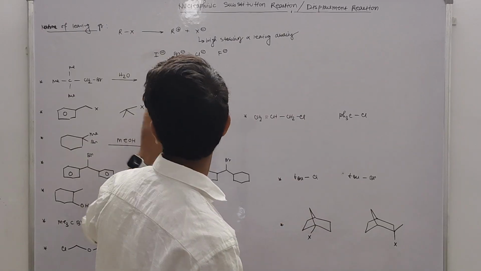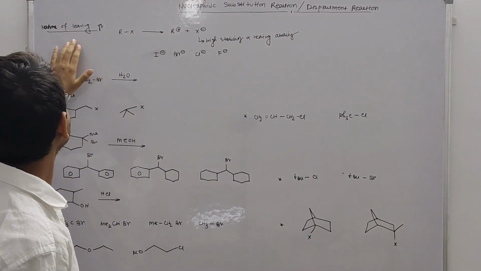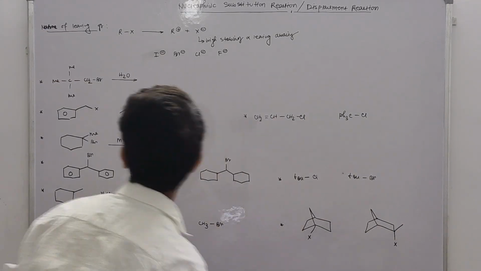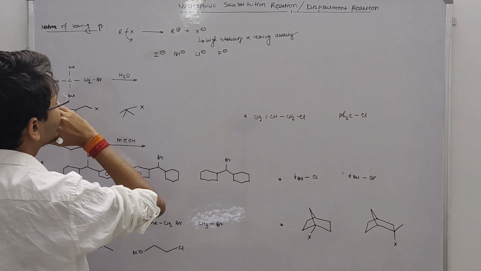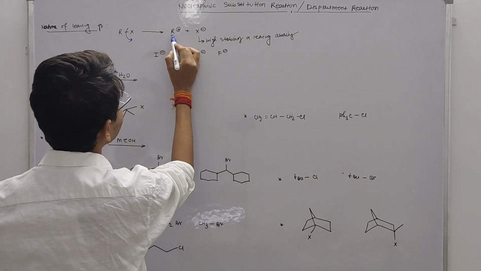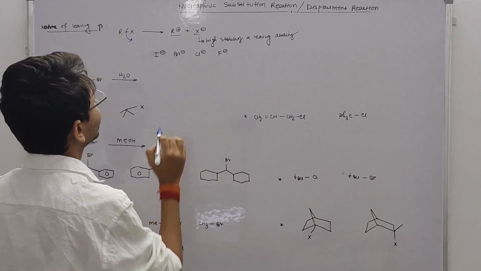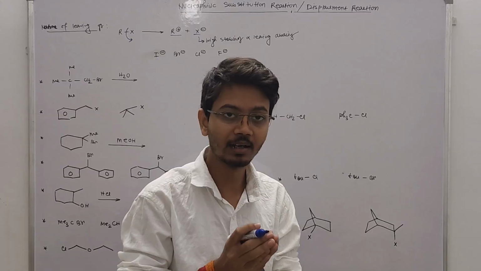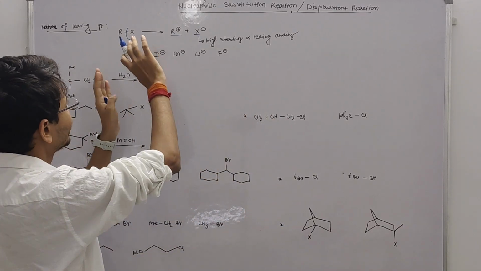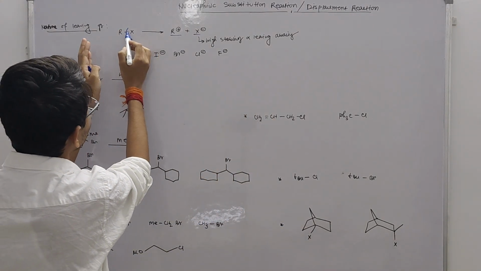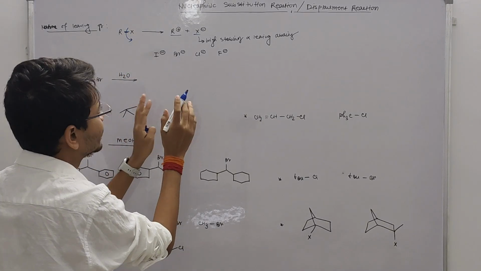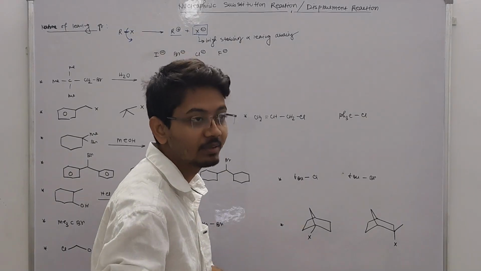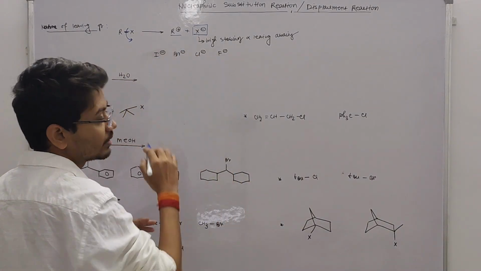Now, this is the last factor, which is nature of leaving group. So you can kick out X from the system, and you are generating this free ion pair, right? Now, if this bond breaks, then it will become X minus. If X minus becomes stable, then this free ion pair will form.